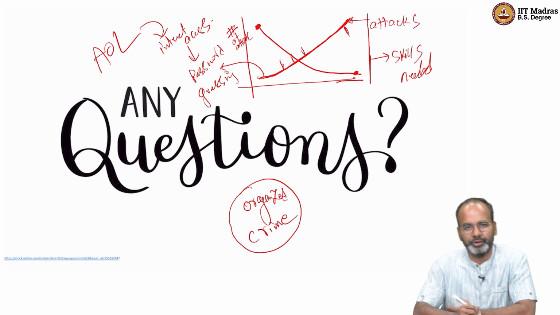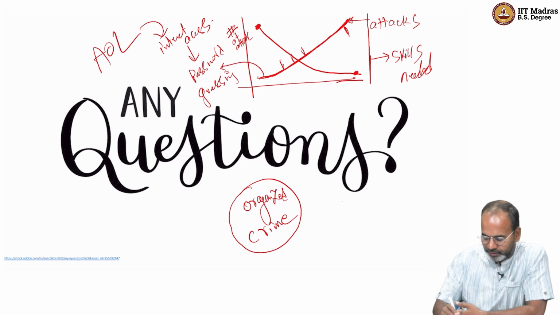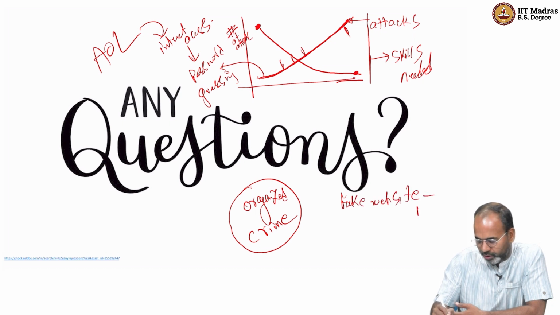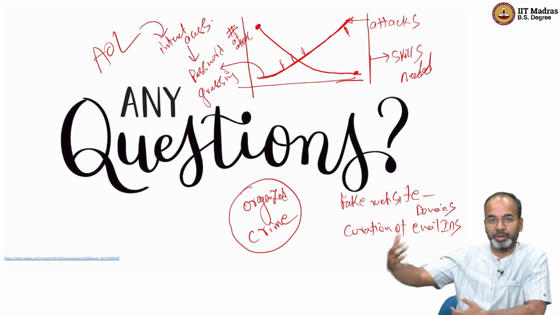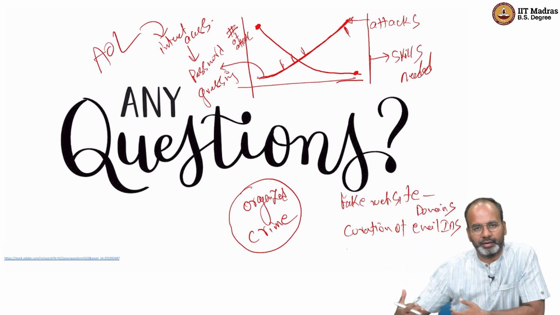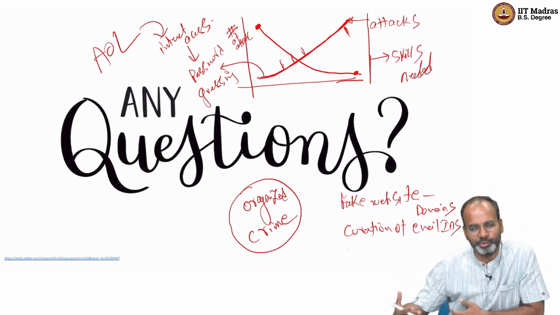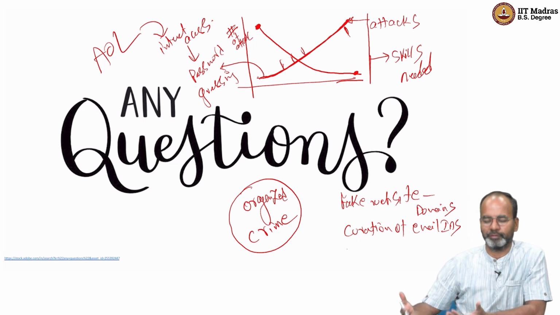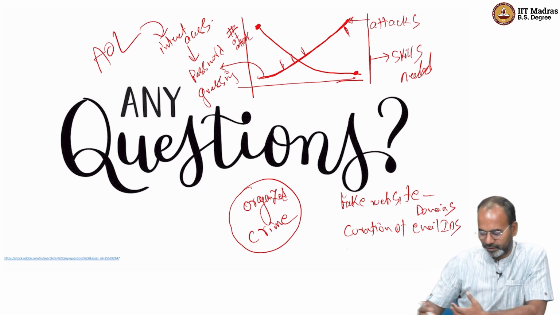Let's say for phishing attacks, if you have to set up, you need a fake website, for which you need a lot of domains. Then you need a curation of email IDs, because I need to send emails to people. That's how I will actually get you to look at my phishing link. Of course, email IDs, Twitter handles, all of that is there.